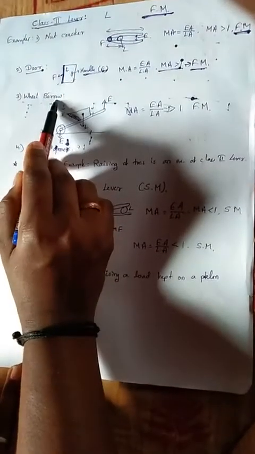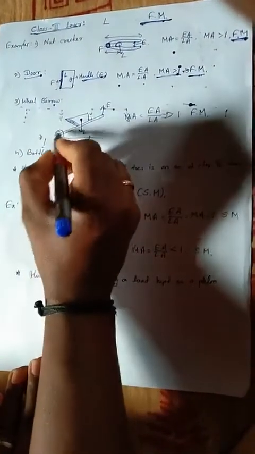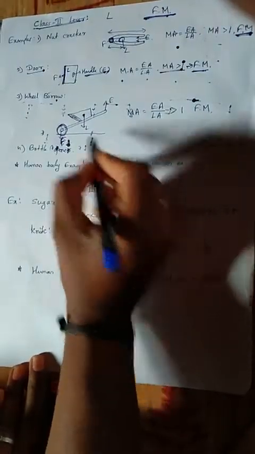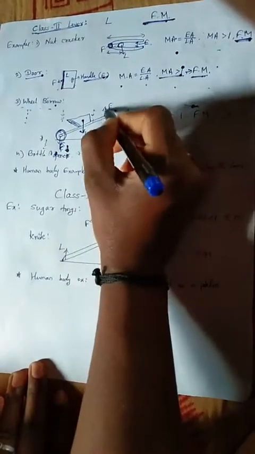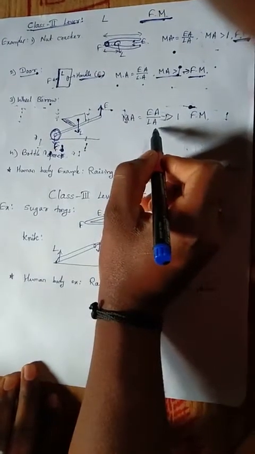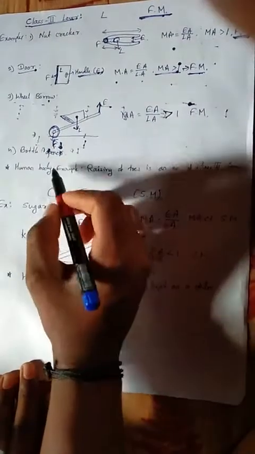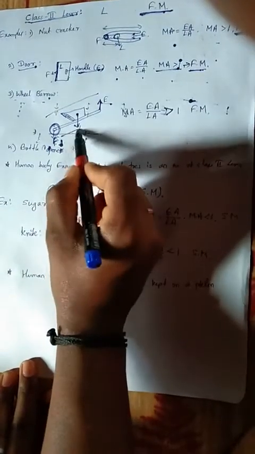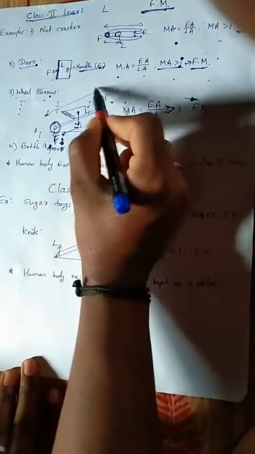Next, the wheelbarrow. In the wheelbarrow, this portion acts as the fulcrum, this is the load, and here is the effort. We know the same formula: mechanical advantage is equal to effort arm by load arm. That is also greater than 1, because here also the effort arm is greater than the load arm.